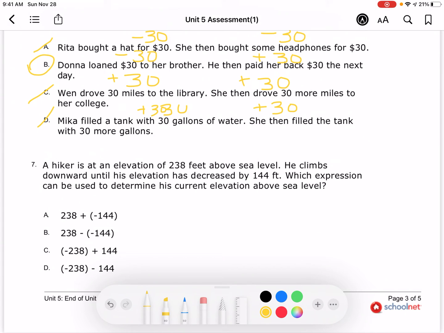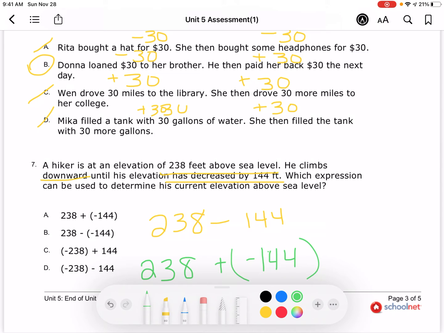A hiker is at an elevation of 238 feet above sea level. He climbs downward, so he's going down, until his elevation has decreased by 144. So I could go minus 144. Which expression could be used to determine his current level above sea level? So I could do that one, or I could do 238 plus a negative 144.